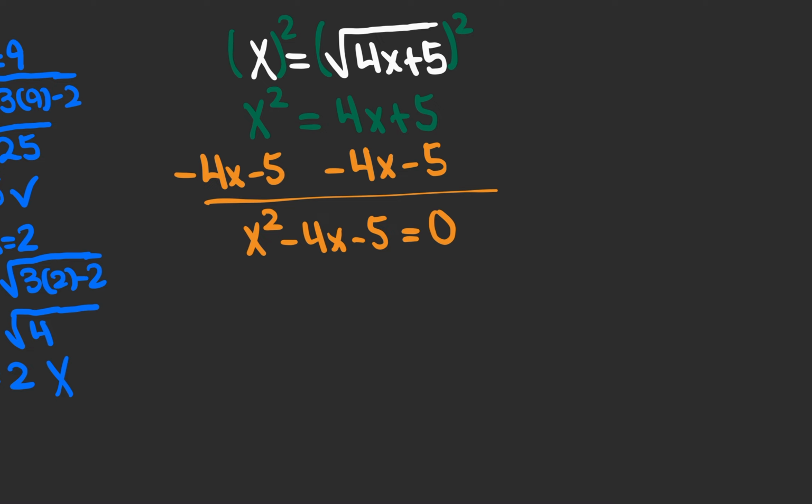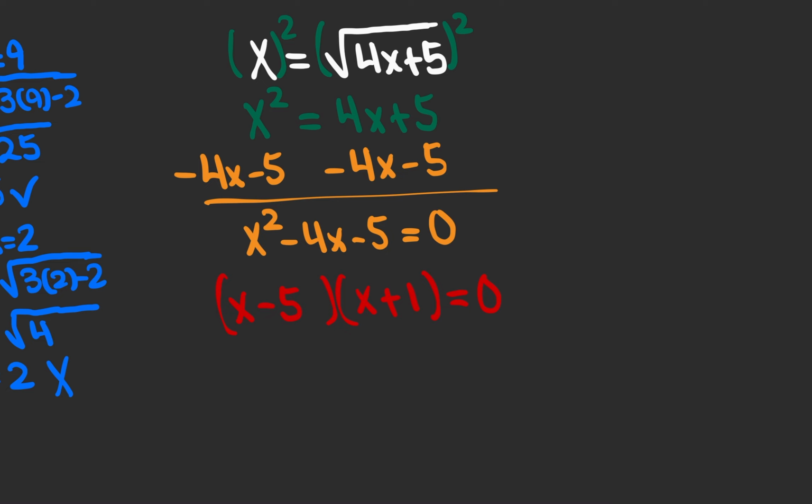From there, looking at this, we can notice right away that the factors for this quadratic will be x minus 5 and x minus 1, or excuse me, plus 1. Okay, remember the idea is that you're looking for the factors of negative 5, what two numbers multiply to give you negative 5, and when added together will give you that middle term negative 4.